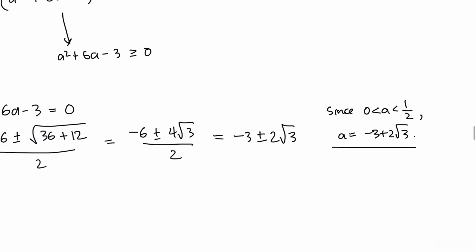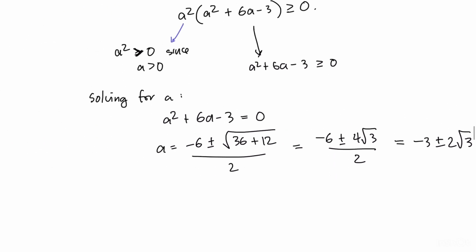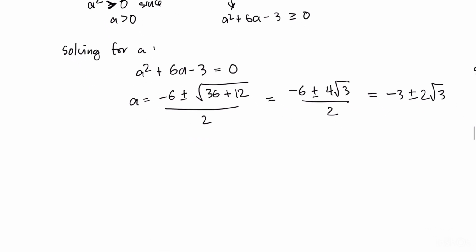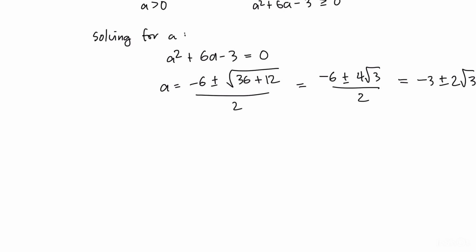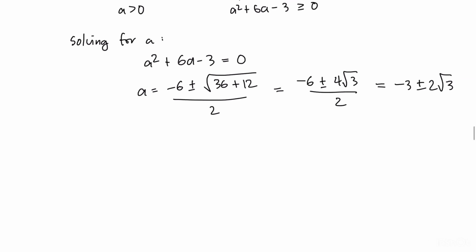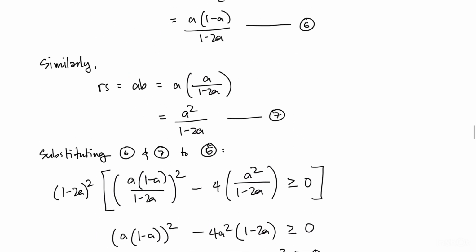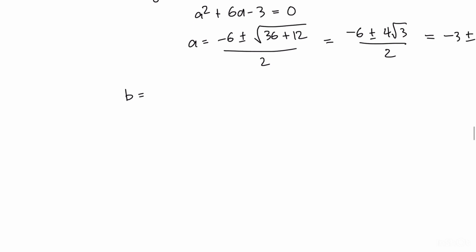Now we're sure that this is the minimum because when we plug it back into a squared plus 6a minus 3, it will yield 0, which is the lowest value that it can get. Now we just plug it back to solve for b. Now we know that b is equal to a all over 1 minus 2a.